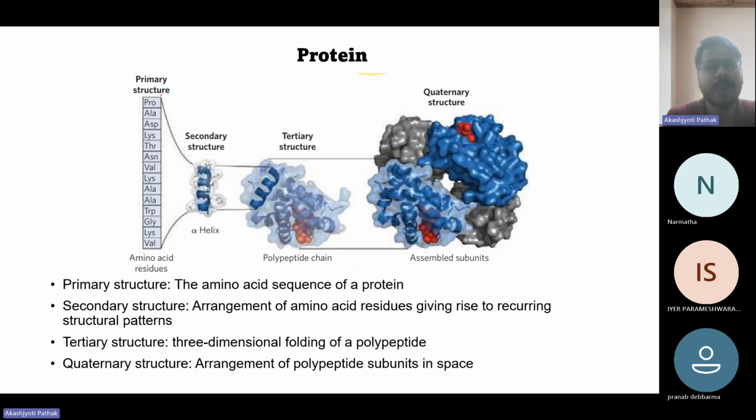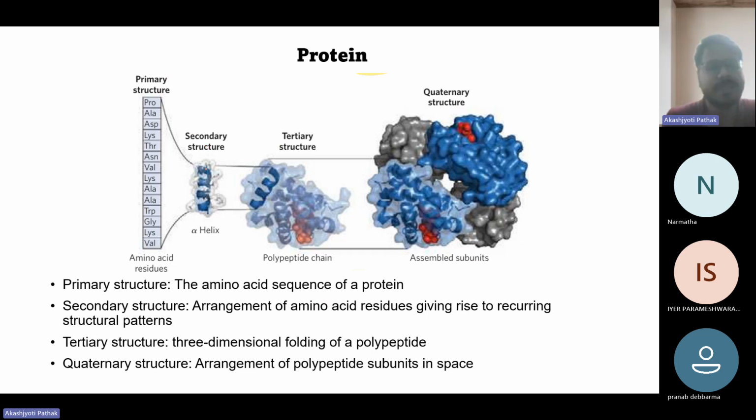In proteins, we have primary structure, secondary structure, tertiary structure, and quaternary structure. What do you mean by the primary structure of a protein? Primary structure means the amino acid sequence of a protein. Now these amino acids get arranged and form a type of conformation, and because of this conformation, they attain a particular structure. The structure that is formed is called the secondary structure.